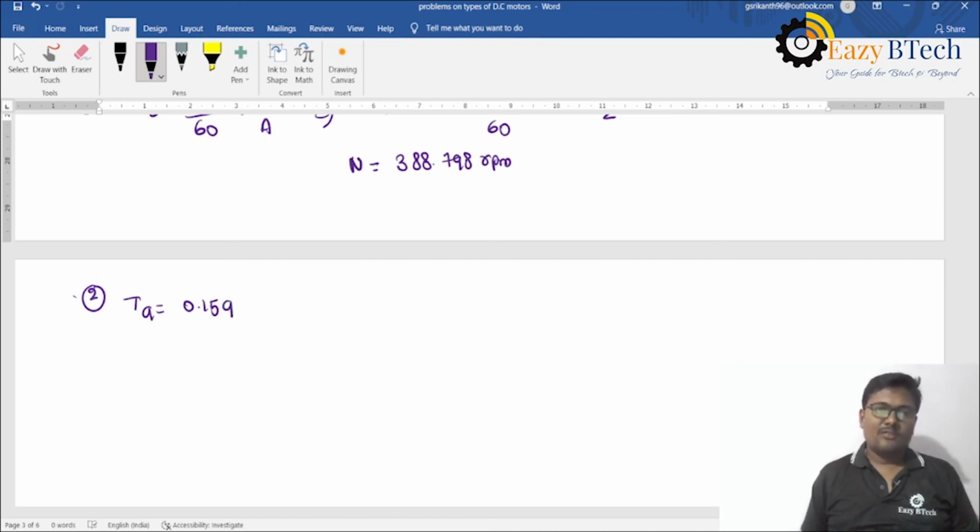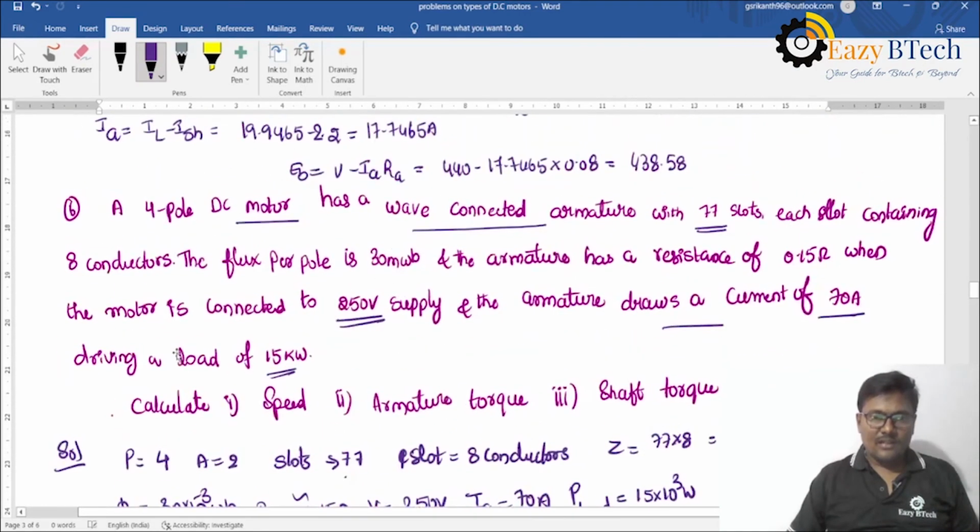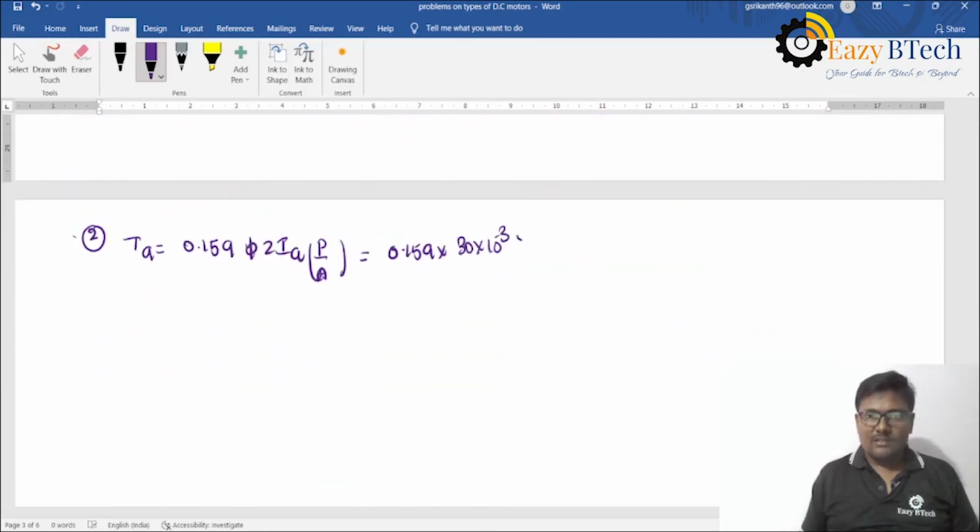Torque, Ta is equal to 0.159 into phi Z into IA into P by A. 0.159 into phi, which is 30 milliweber, total number of conductors is 616, the armature current is 70 amperes, and 4 divided by 2. Then I got 411.7656 Newton meter.